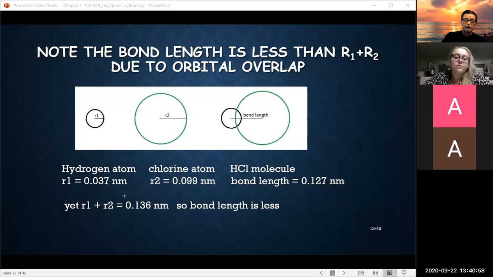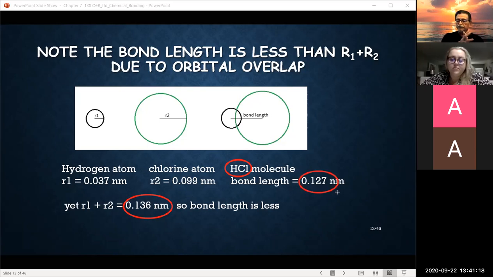It was thought that the radius of the compound hydrochloric acid, HCl, and that's the radius, the bond length between the hydrogen and the chloride would be 0.136 nanometers. Well, it turns out it is actually 0.127 nanometers, much smaller than what was predicted.